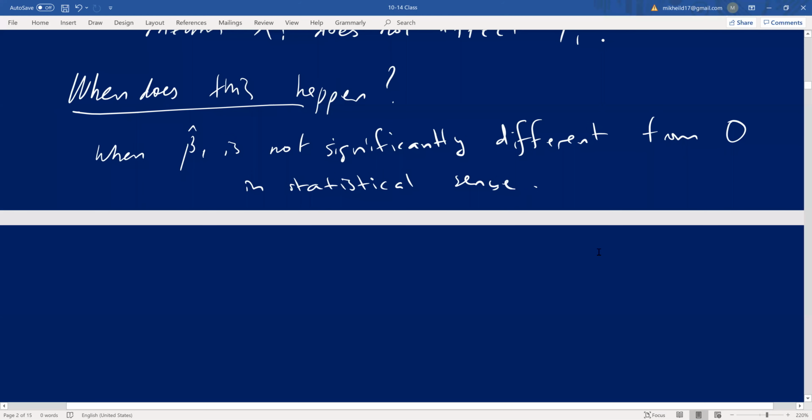So this is the right time to introduce hypothesis test about beta 1. So we can hypothesize. What do I mean in a statistical sense? Can you tell me? In standard deviations.